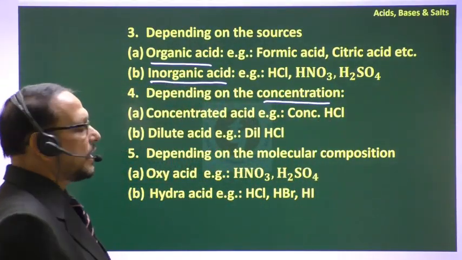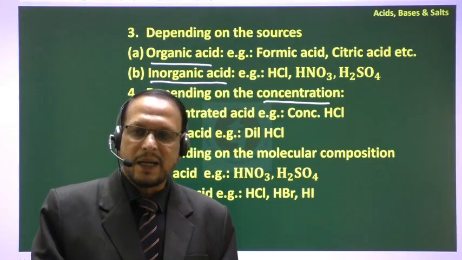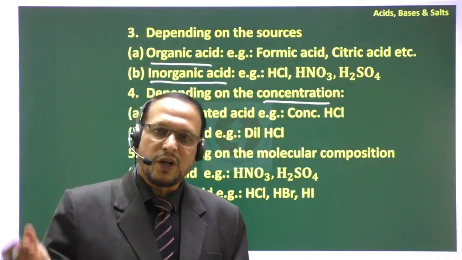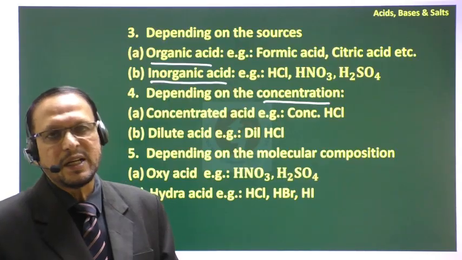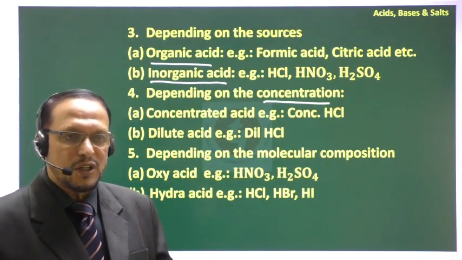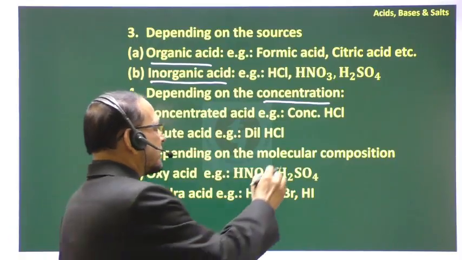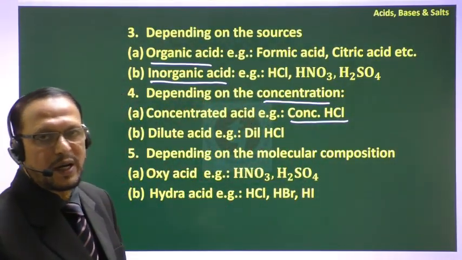That means when the acid contains more water and less acid, then it is dilute acid. When it contains less water and more acid, then it is concentrated acid. Concentrated acid means less amount of water. Concentrated HCl, we write conc HCl, conc H2SO4, conc nitric acid.